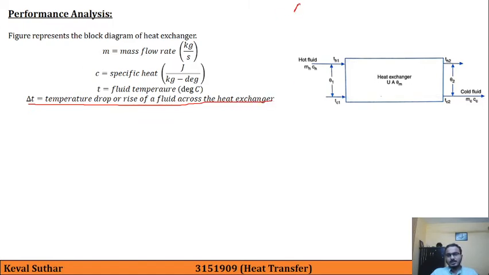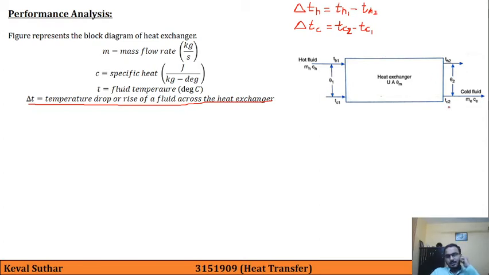So in this case, delta T H will be equal to TH1 minus TH2, and then delta TC will be equal to TC2 minus TC1.